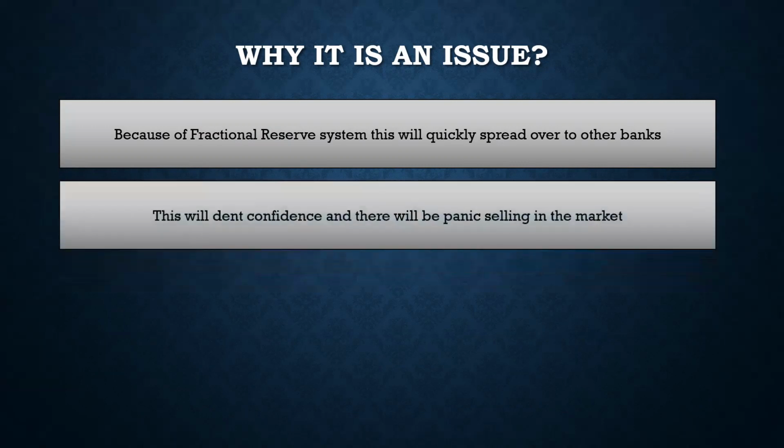This will dent confidence, because if your hard-earned money gets locked in a bank, there will be panic, right? You have to find other sources to get that extra money, because you also need liquidity. Then there will be panic selling in the market, right? Maybe you require $100,000 right now, and that $100,000 is probably invested in the stock market.